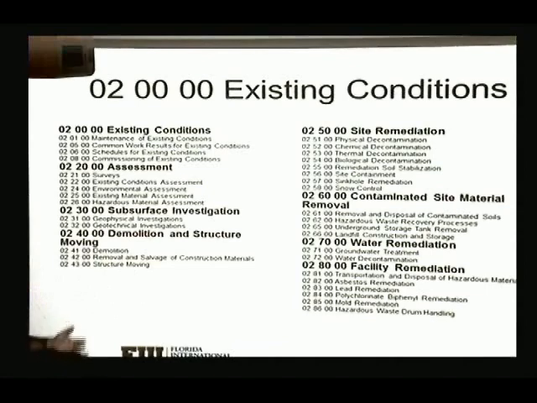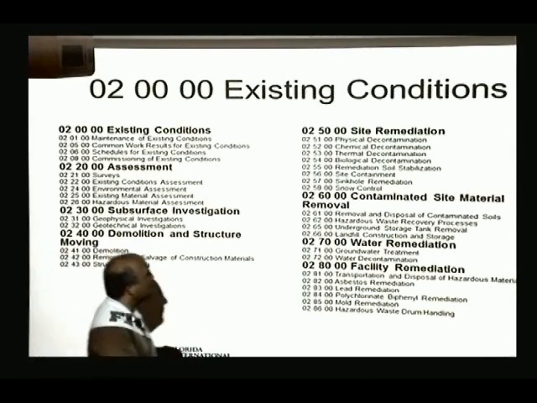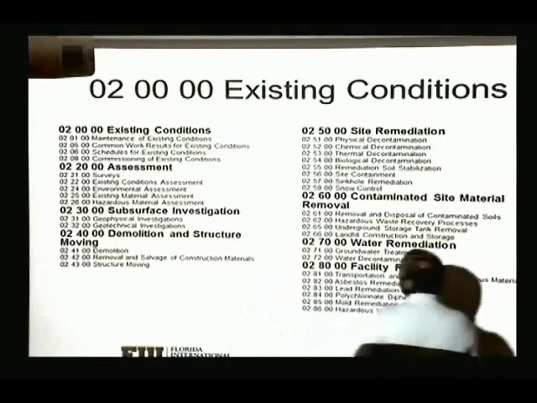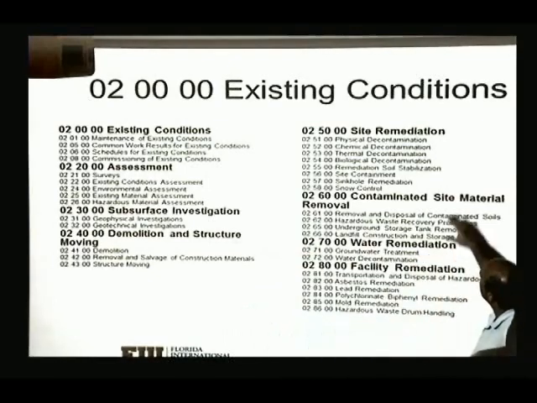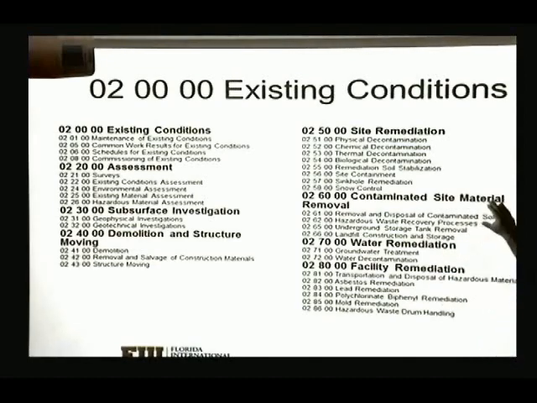Sometimes you need to protect areas on the existing job site, especially if you're doing some remodeling or you're working on a site that is already active. We're going to see a little bit of that in our course project, and we'll talk about that when we get to the drawings. Contaminated site materials, water remediation, facility remediation, all of these are included in existing conditions.